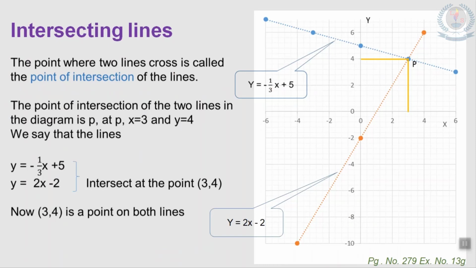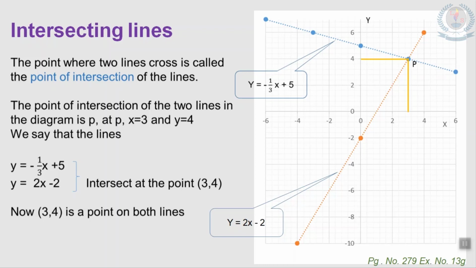Intersecting lines. The point where two lines cross is called the point of intersection of the lines. The point of intersection of the two lines in the diagram is P. One line is y equals 2x minus 2, and the other is y equals minus 1/3 x plus 1.